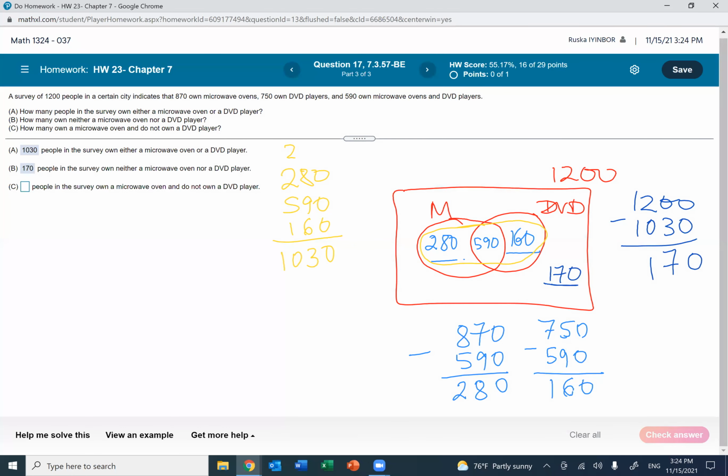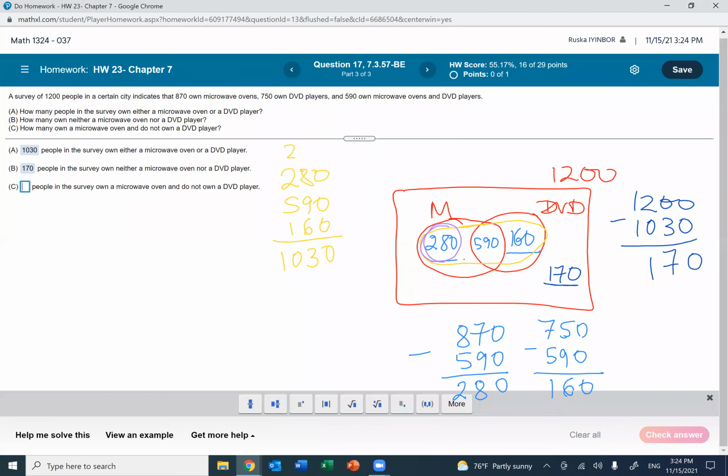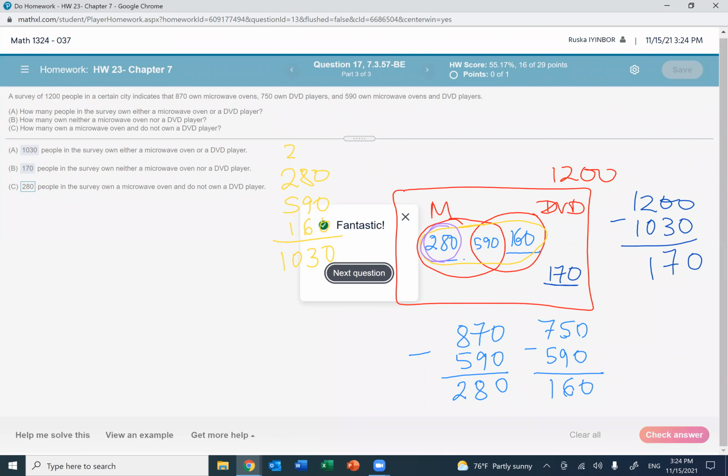Okay, and then the next one is owning a microwave and not owning the DVD. So the area where they own a microwave, but not a DVD, there's going to be only this area, because it's 280 only microwave, but not DVD. There's going to be 280. And let's check that. Okay, that's good. And that was actually the whole question.